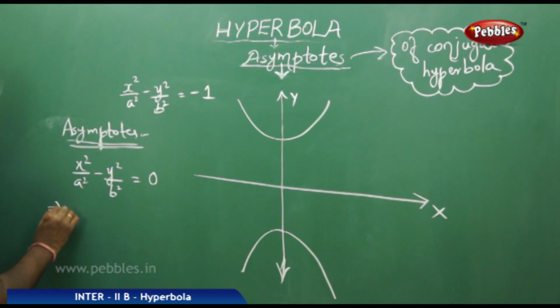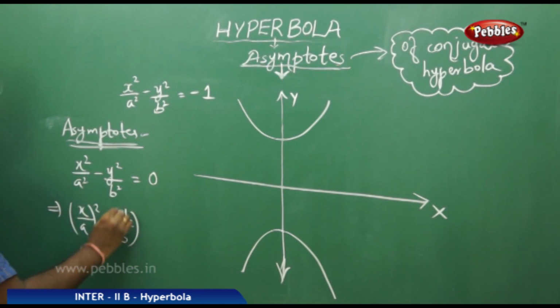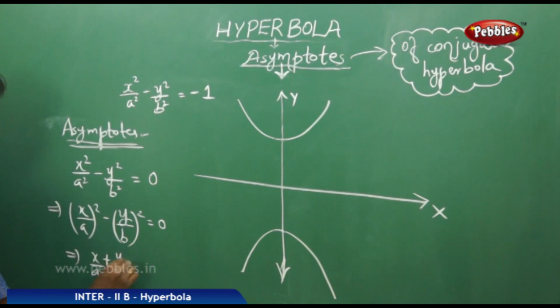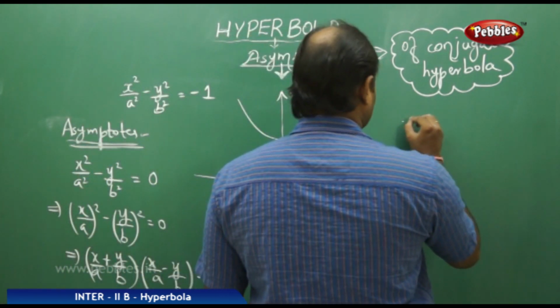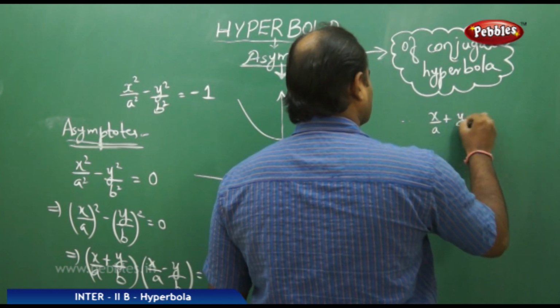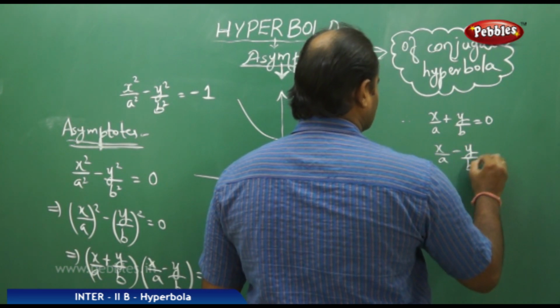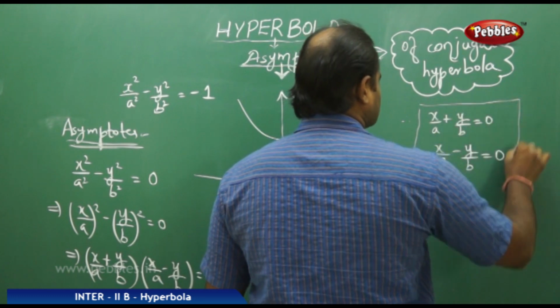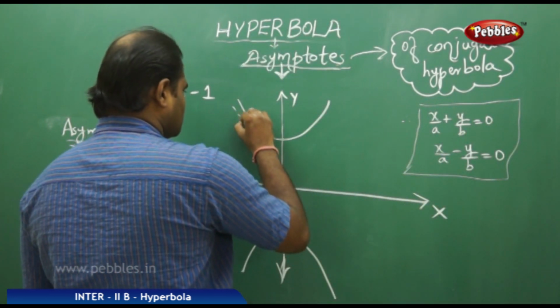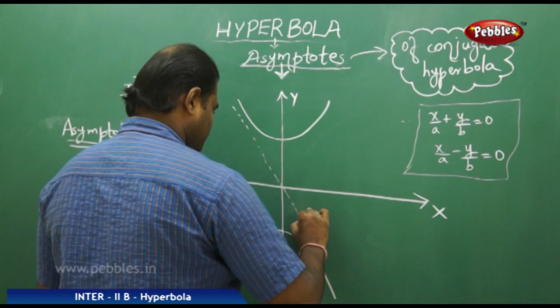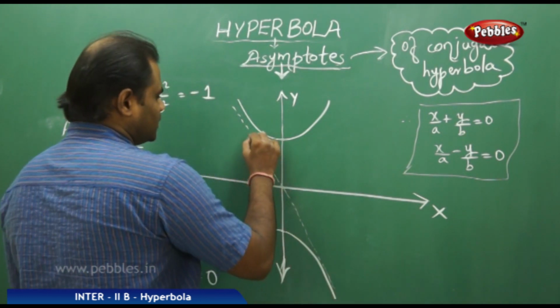When I take this in the form x by a whole square minus y by b whole square equal to 0, then this is x by a plus y by b times x by a minus y by b equal to 0, which on splitting gives the asymptotes, which pass through the origin, approximately with the asymptotic behavior.